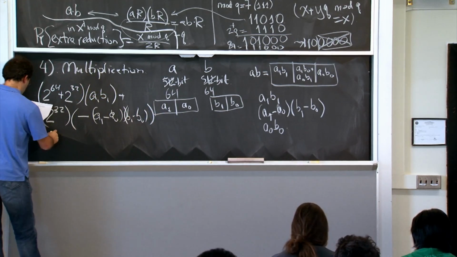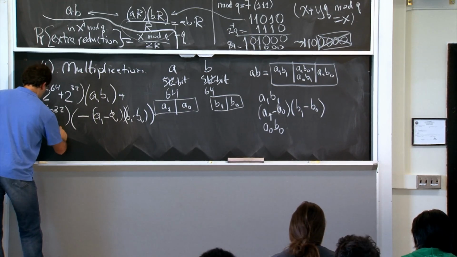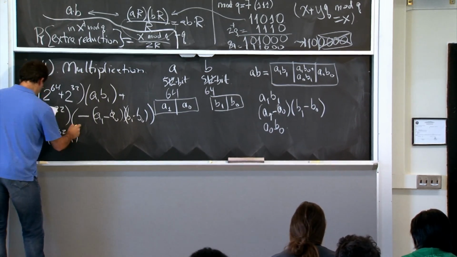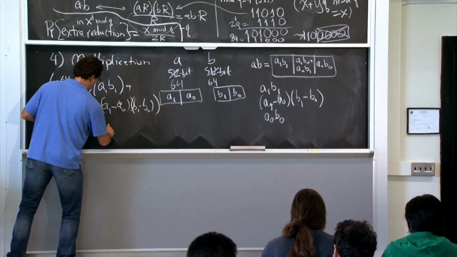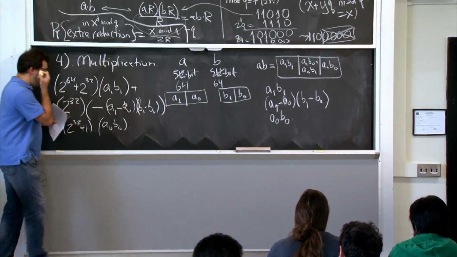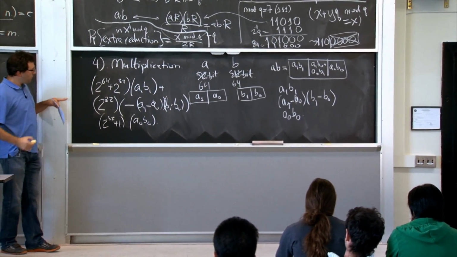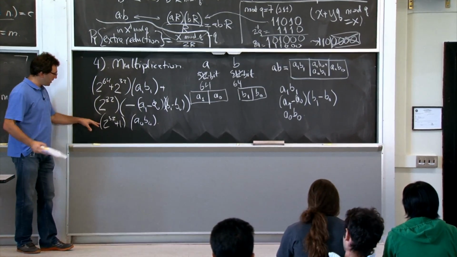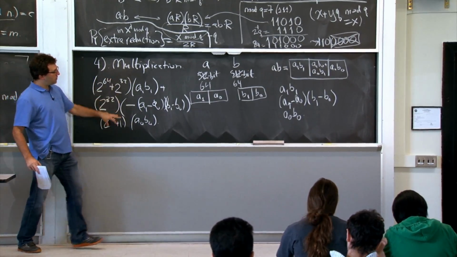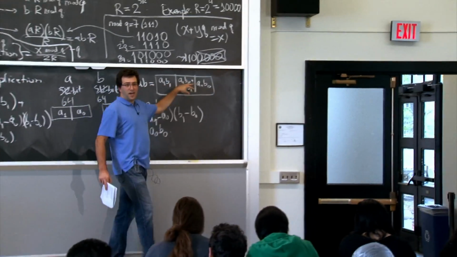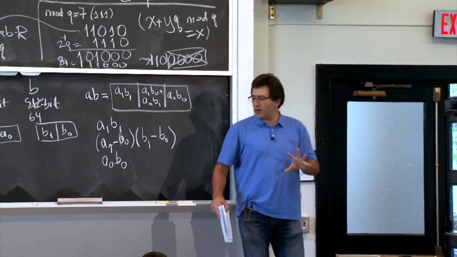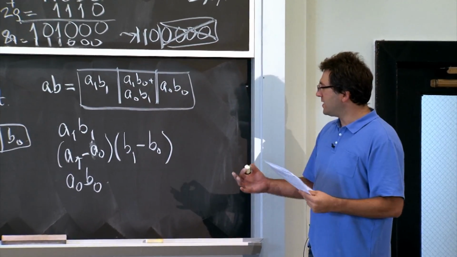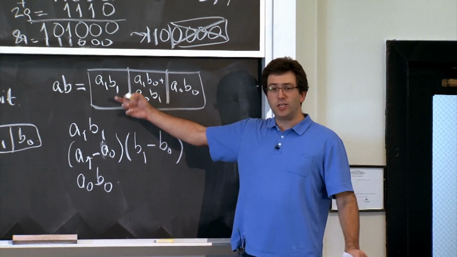And finally, 2 to the 32 plus 1 times A0, B0. It's a little messy, but if you work through the details, you'll convince yourself, hopefully, that this value is exactly the same as this value. It's a little clever, but nonetheless, it saves you 1 multiplication.